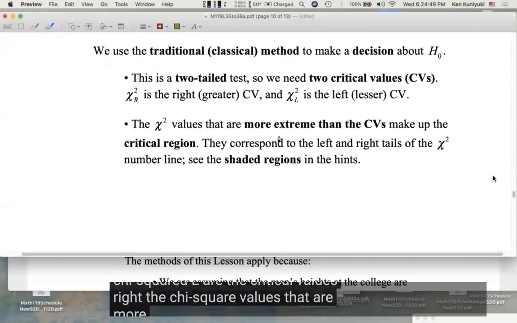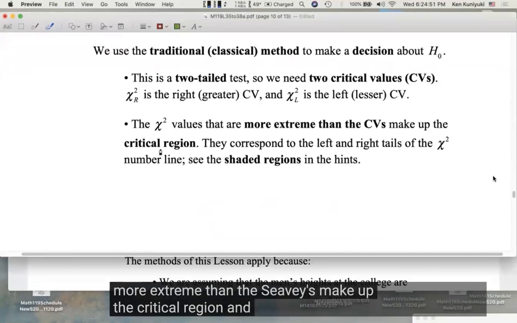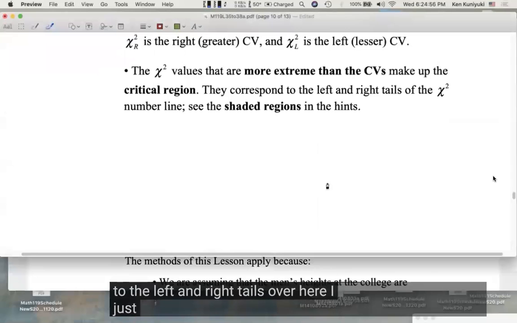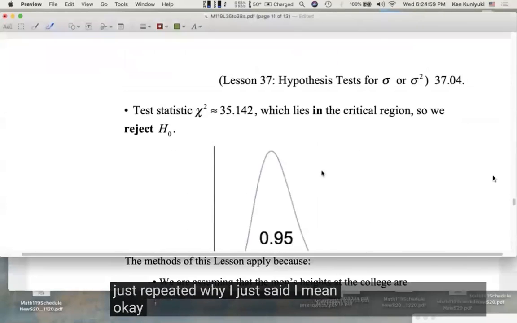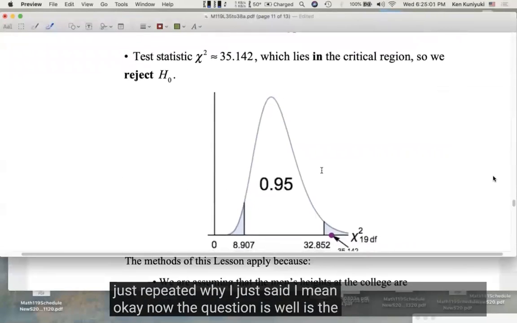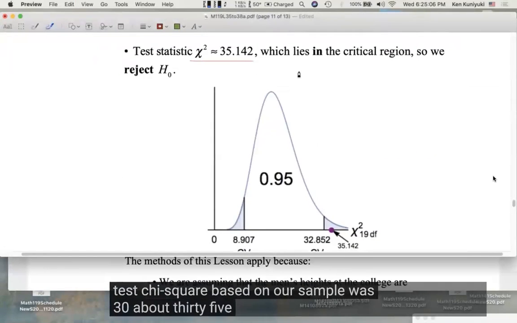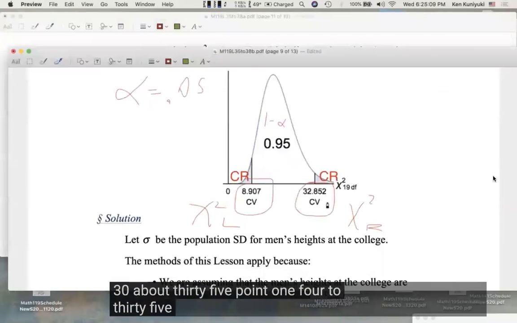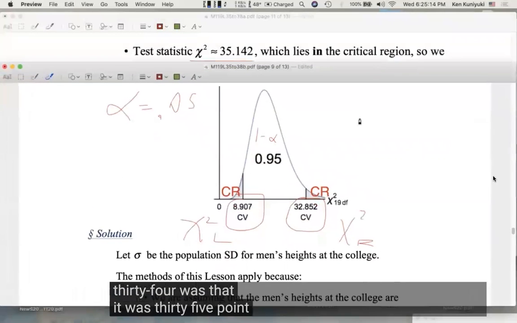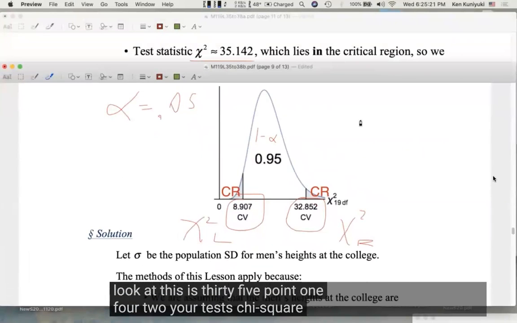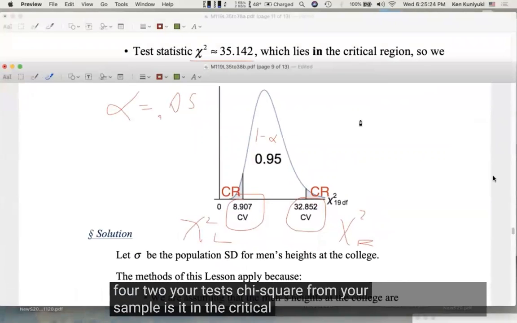The chi-square values that are more extreme than the critical values make up the critical region, and they correspond to the left and right tails. Now, is the test chi-square in there or not? The test chi-square based on our sample was about 35.142. Is it in the critical region?